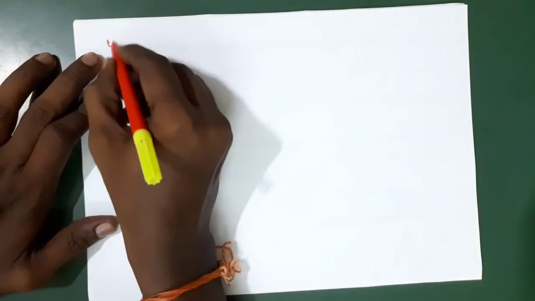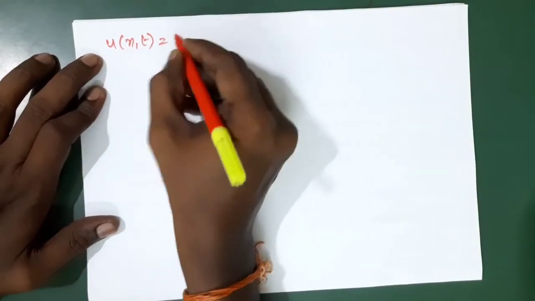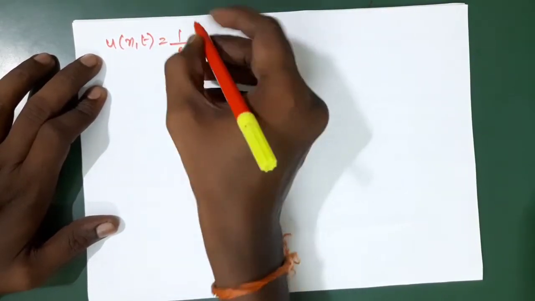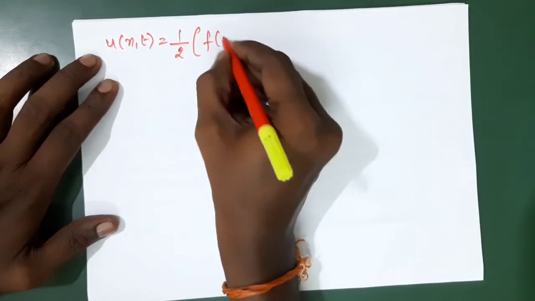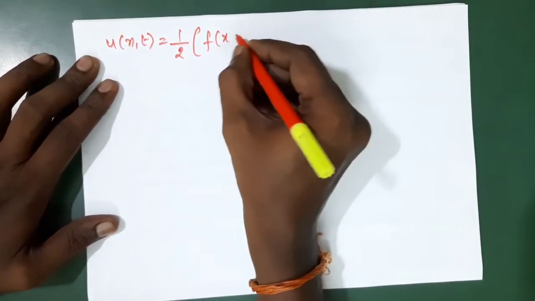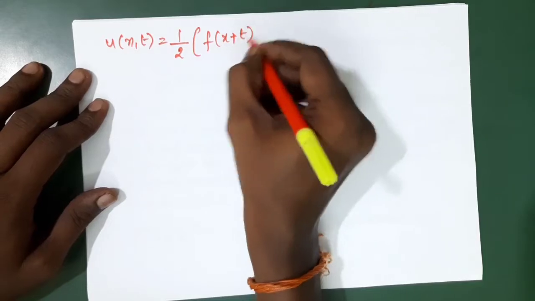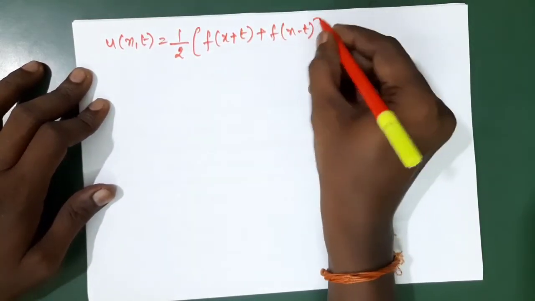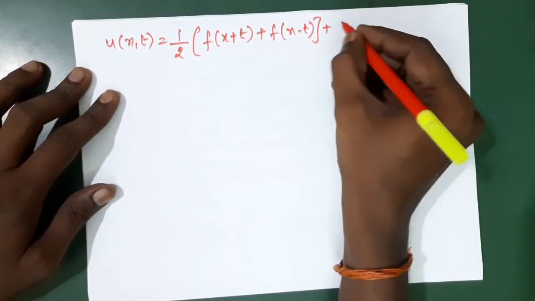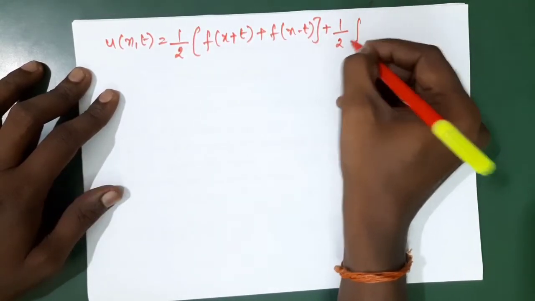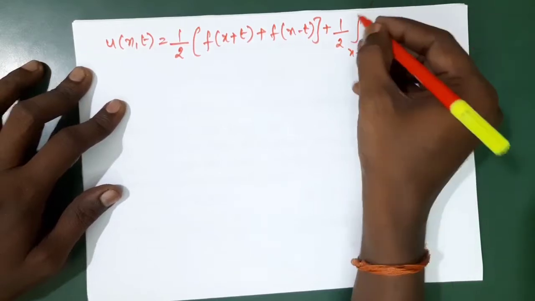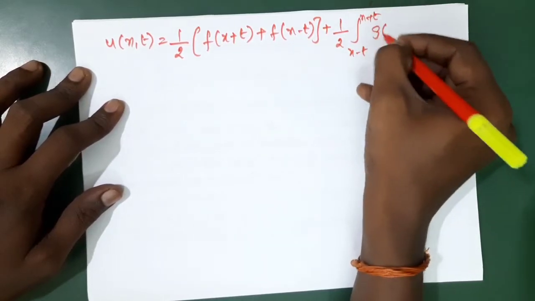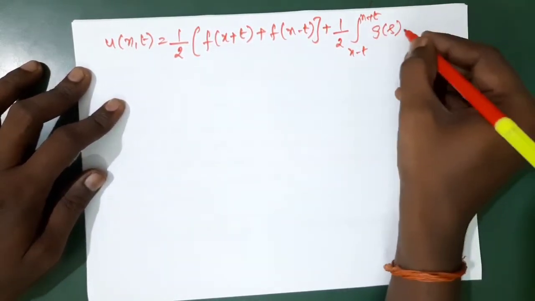Again by the D'Alembert solution, u of x comma t is equal to 1 by 2 f of x plus ct, here c is equal to 1, so x plus t, plus f of x minus t, plus 1 by 2 integral x minus t to x plus t of g of s ds.